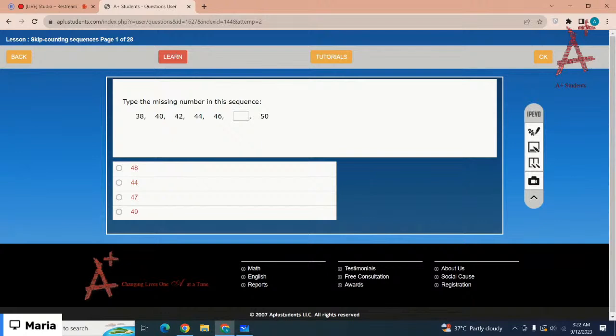Okay, type the missing number in the sequence 38, 40, 42, 44, 46. So which number is missing in the sequence and how do you know what is the skip counting? What number you are skip counting?